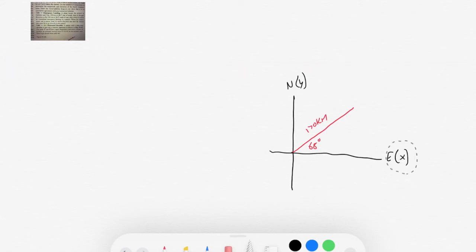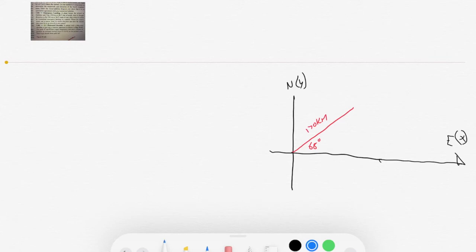Let's extend our x-axis out a little bit further. Oh, wrong color. Still getting used to this iPad. We go all the way out to east, which is our x-axis. Lovely. So now 36 degrees south of east is the way our airplane flies after that.